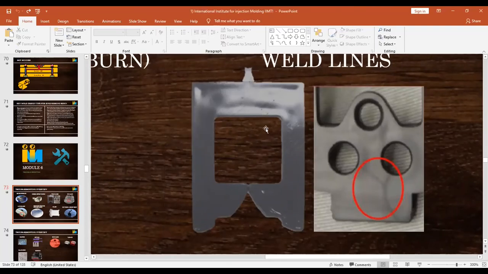Whenever there is a hollow space, the melt from the injection point, like a gate, splits, goes around and joins at another point. In the joining area there will be a mark, because when the raw material flows its temperature drops, and the two flow fronts touch each other at that lower temperature.